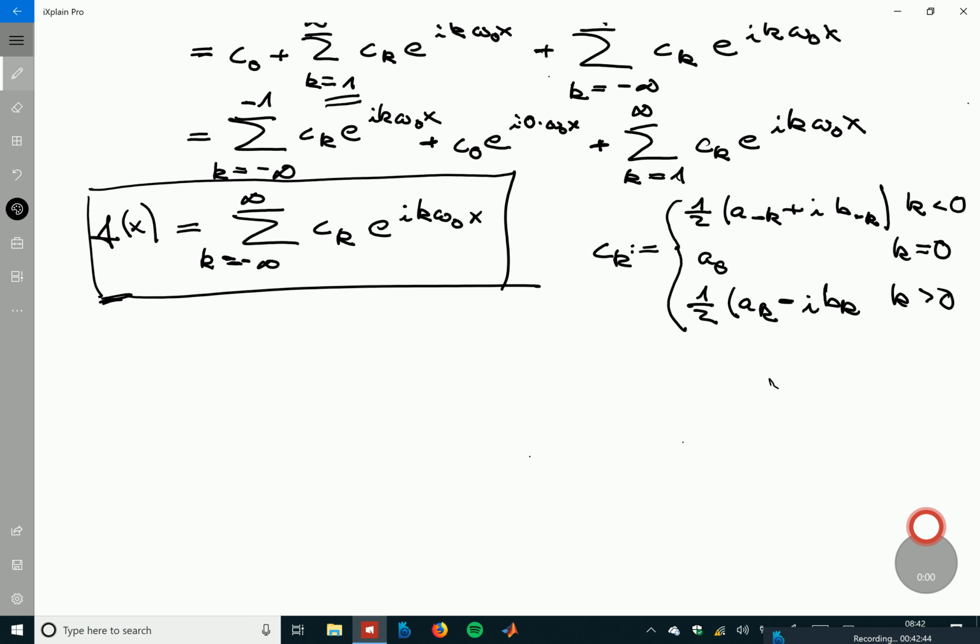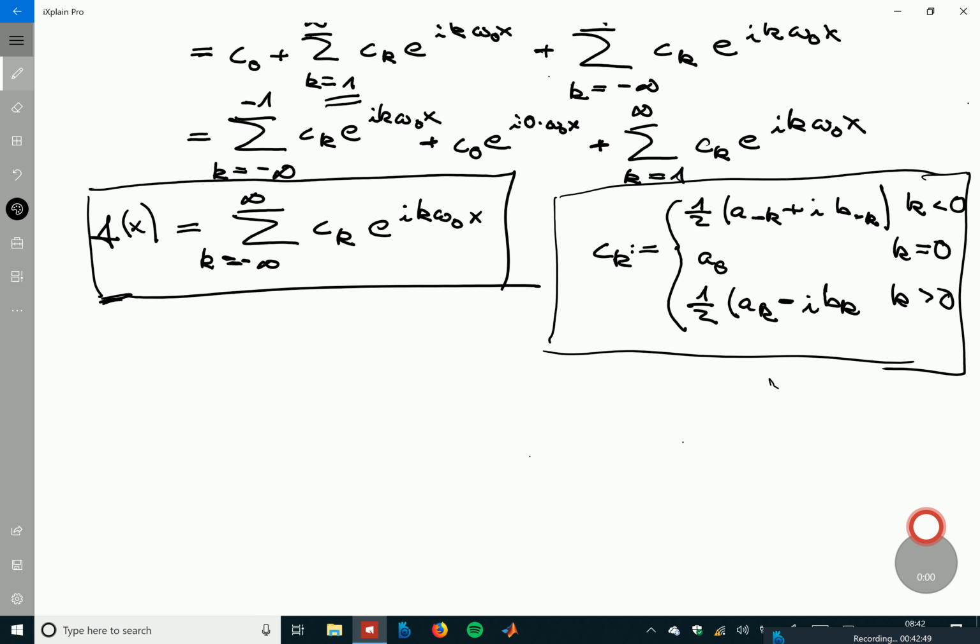So this just is meant to remind you that if you use these formulas that we derived for a_k and b_k and have the real Fourier series, then you can convert based on these formulas the thing into the complex form of the Fourier series.